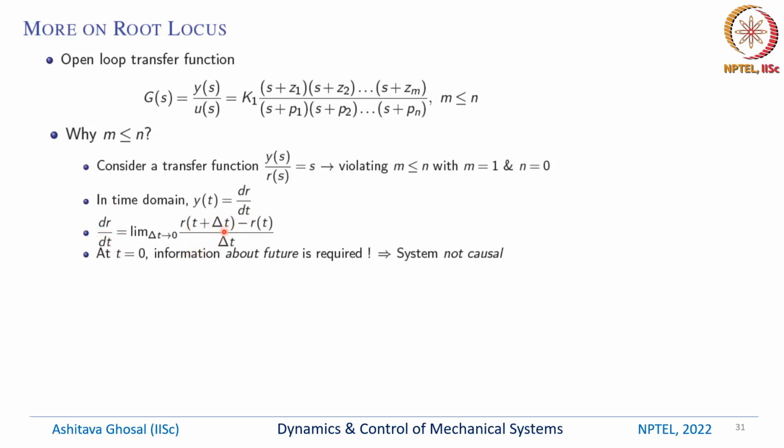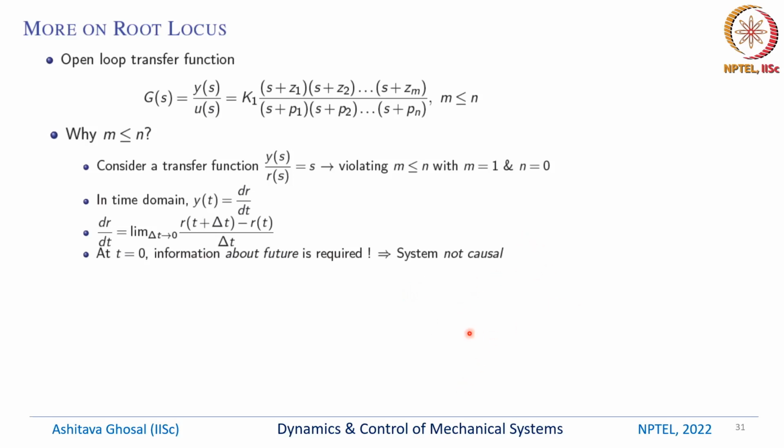Why? Because this is t plus delta t. Delta t is small, nevertheless it is something which is happening in the future. It is a value of r in the future at t equals 0. So the derivative at t equals 0 depends on the value at t plus delta t, and this is not allowed. So basically the system is not causal. What is causal?